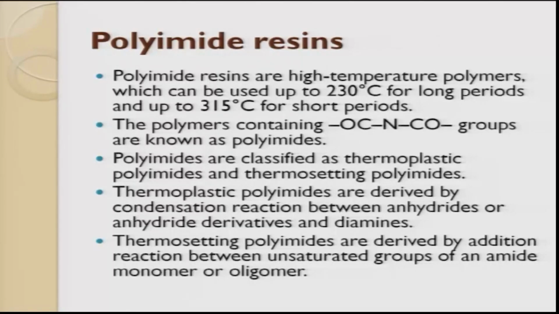Thermosetting polyimides are derived by addition reaction between an unsaturated group of an amide monomer or an oligomer. So you should have this in mind. Polyimide can exist in thermoplastic form as well as in thermosetting form. One is done by condensation, one is done by addition.